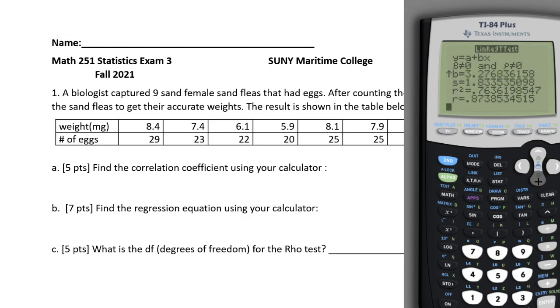If you scroll down, you'll see that you get the correlation coefficient R, and also the regression equation, y equals a plus bx, with a being this number and b being this number. And it even gives you the degrees of freedom, which is 7. So it gives you all the answers.